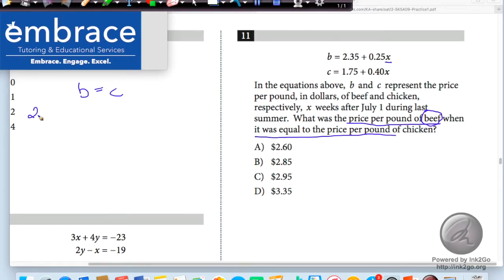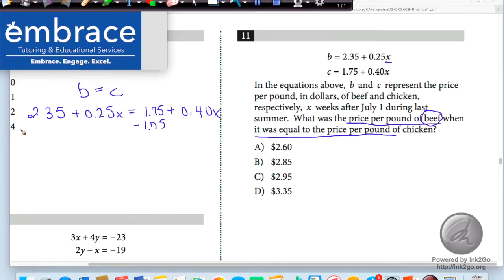So I'm going to try and write small that way I have enough room. So 2.35 plus 0.25x equals, so this is my equation for B, equals the 1.75 plus the 0.40x. Now, I want to be able to solve this through and isolate x. To make things a little bit easier, I'm actually going to first take 1.75.